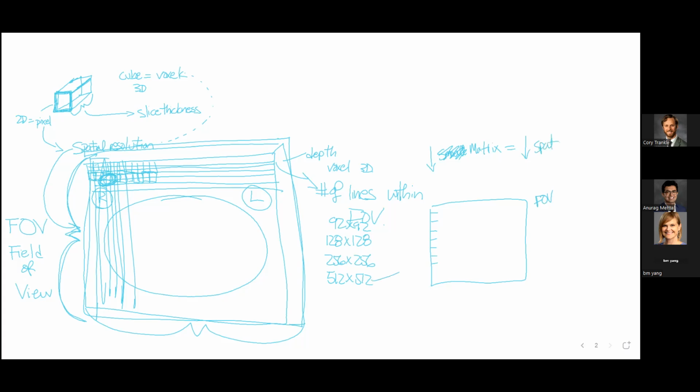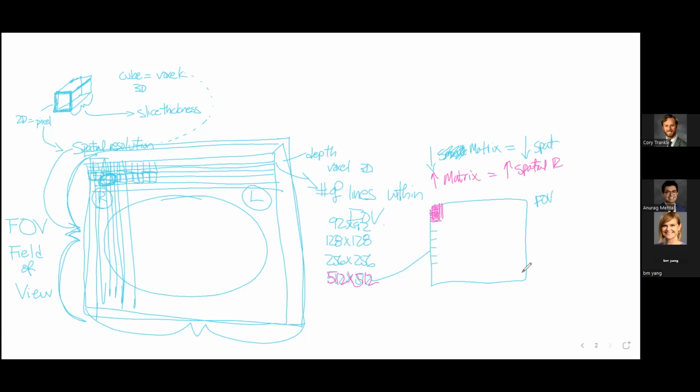If we take 512 and stick in here, we're going to have a ton of lines in here, right? So a high matrix is a high spatial resolution. Everybody get that? Why is it a high spatial resolution? Because the blocks are tiny, right? You can magnify more.